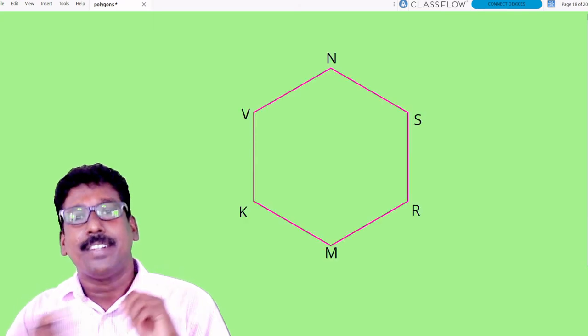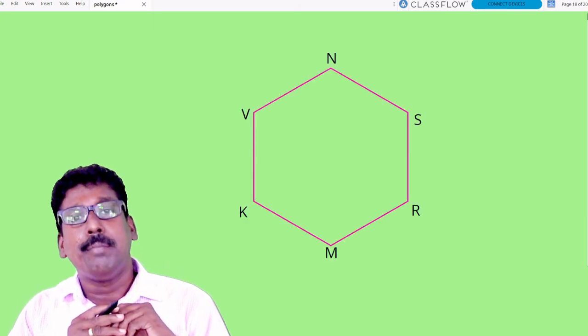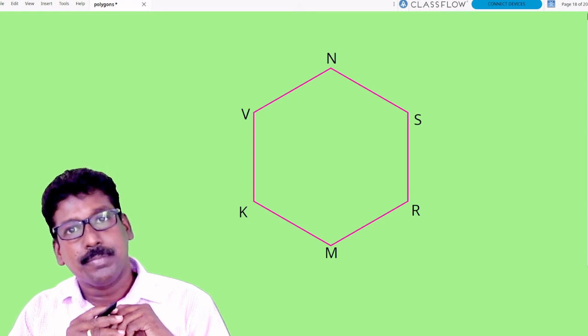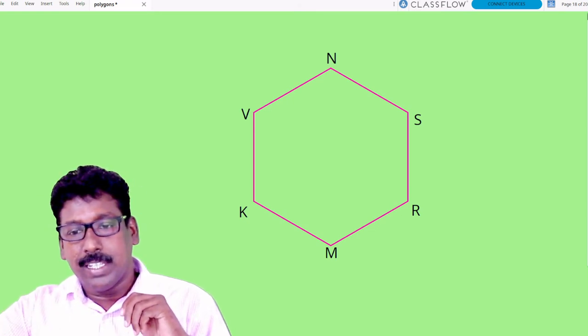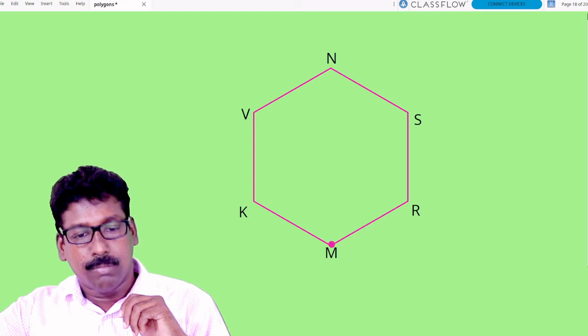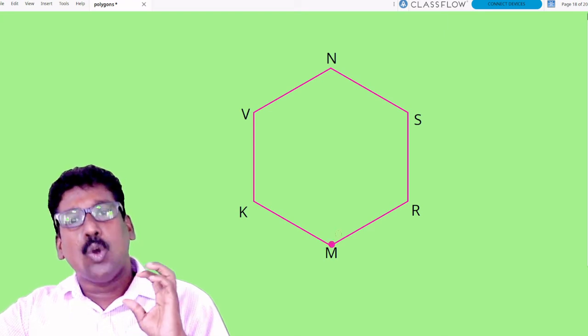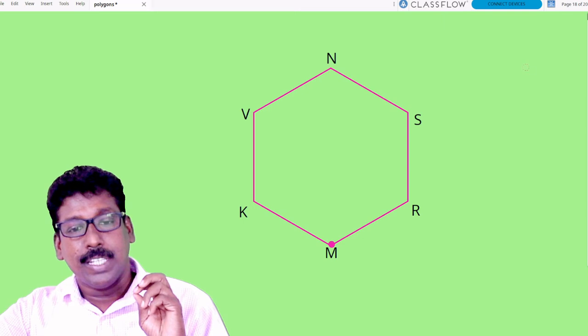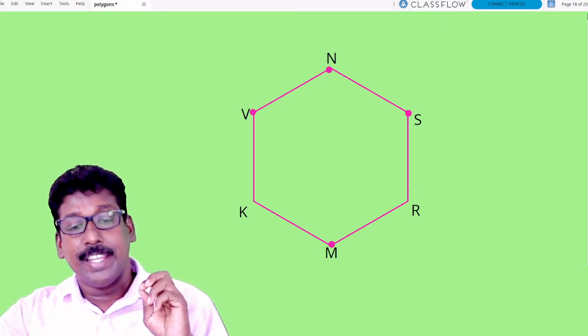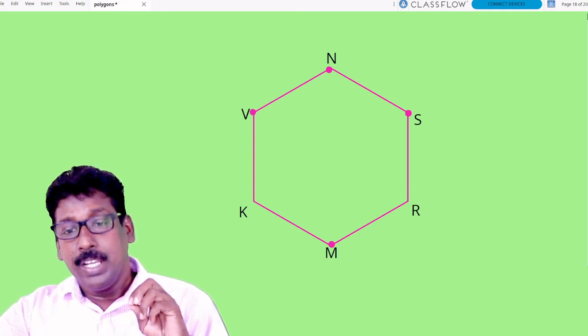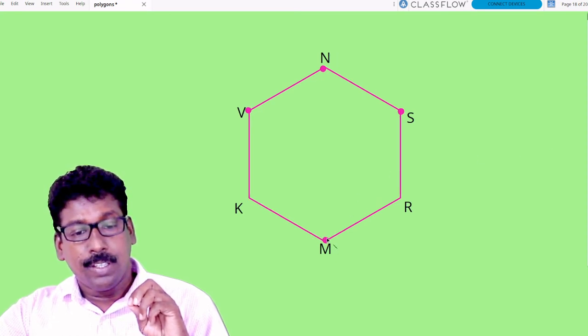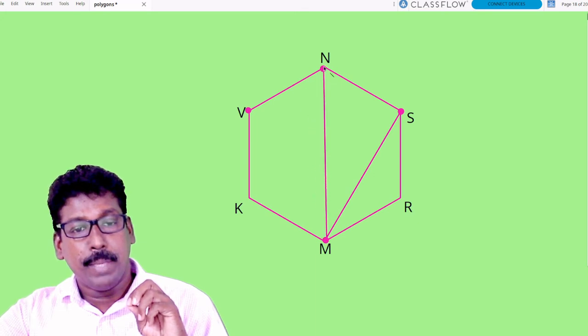Let me consider a polygon KMRSNV. Now consider a vertex M. What are the non-adjacent vertices of M? Yes, of course it is S, N and V. K and R are adjacent to M. Now let me join these: MS, MN and MV.